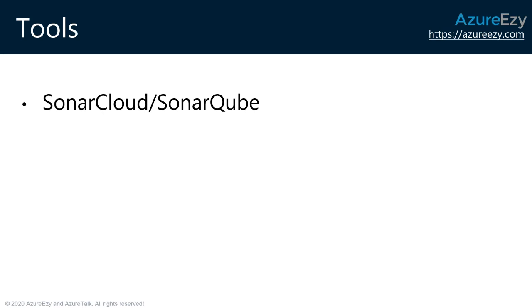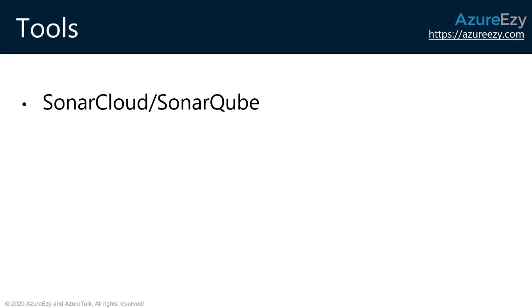If you go through one of the past AZ-400 sessions done by us, you will see that we have demonstrated how you can use Sonar Cloud in your CI/CD pipeline in Azure DevOps, so that you can scan your code, you can see how many tests are there, what is the code quality and all those things.